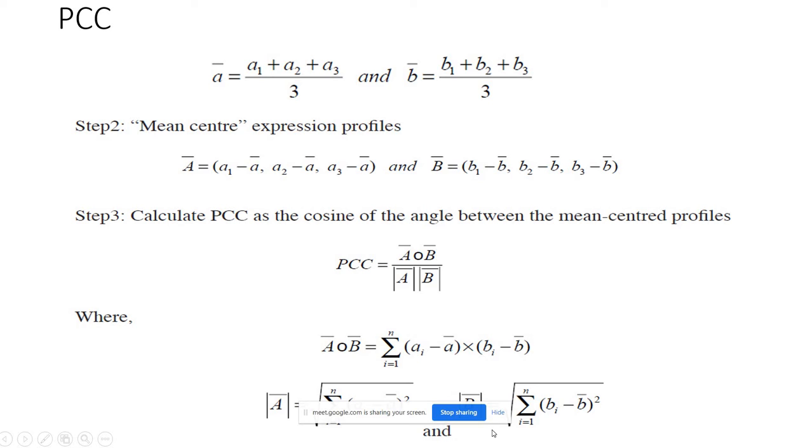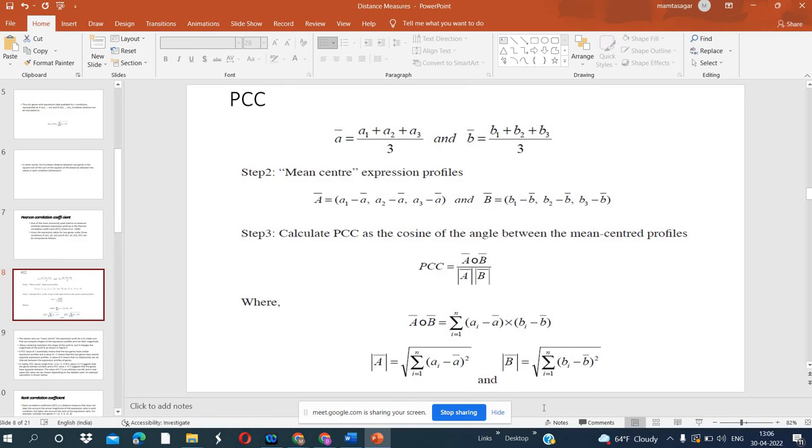Now I think you are not able to see here. Okay, are you able to see the formula that is written below? This shows how we are going to get A bar and B bar. This is the formula.